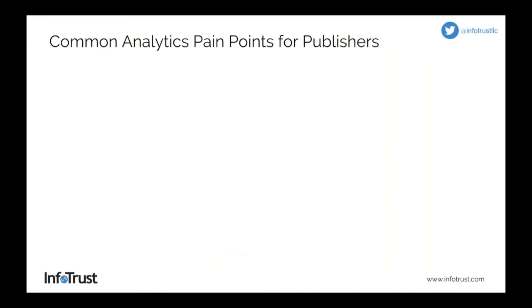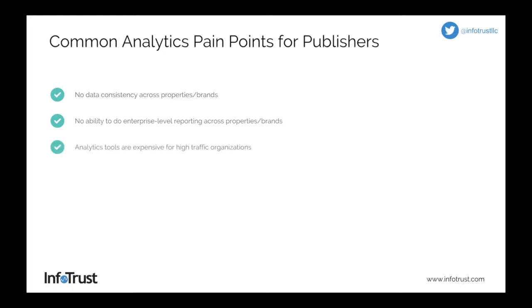So let's go through the common analytics pain points for publishers we'll be talking about today. The first is no data consistency across properties and brands. This is a big one that we see generally with all the publishers that we work with, or at least when we first start working with them. No ability to do enterprise level reporting across properties and brands. That's another big one. Analytics tools are expensive for high traffic organizations. This is true for most of the tools.